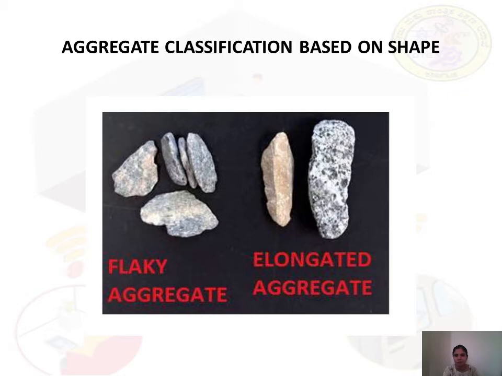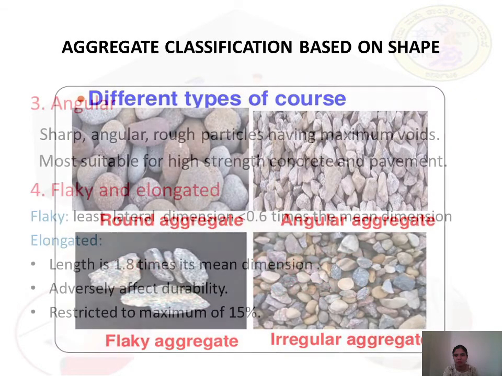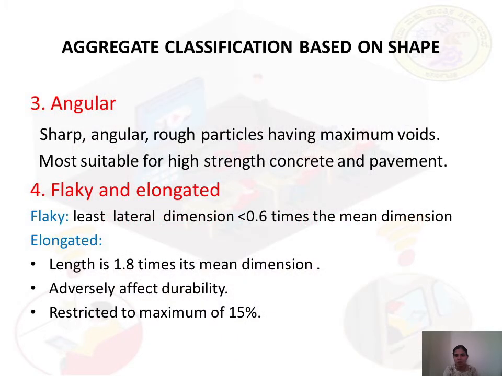And here the length is much more than the other dimensions. Both of these flaky and elongated aggregates adversely affect the durability of concrete. That means the presence of flaky and elongated aggregate in concrete affects the durability.